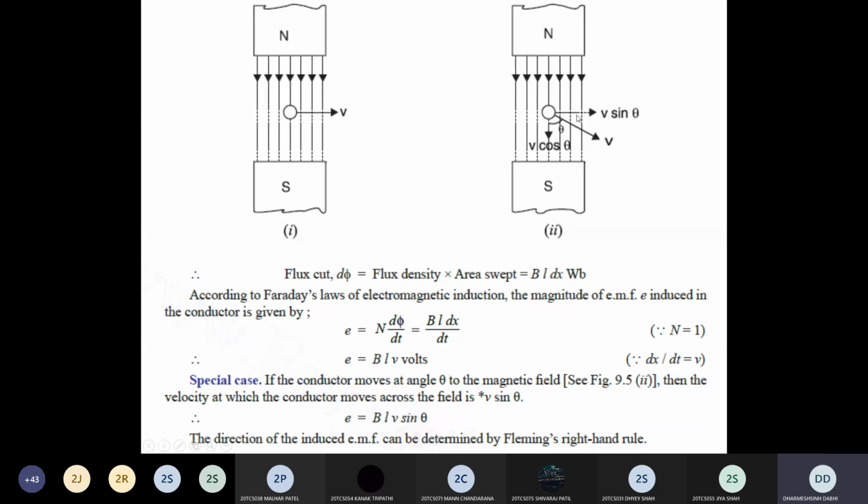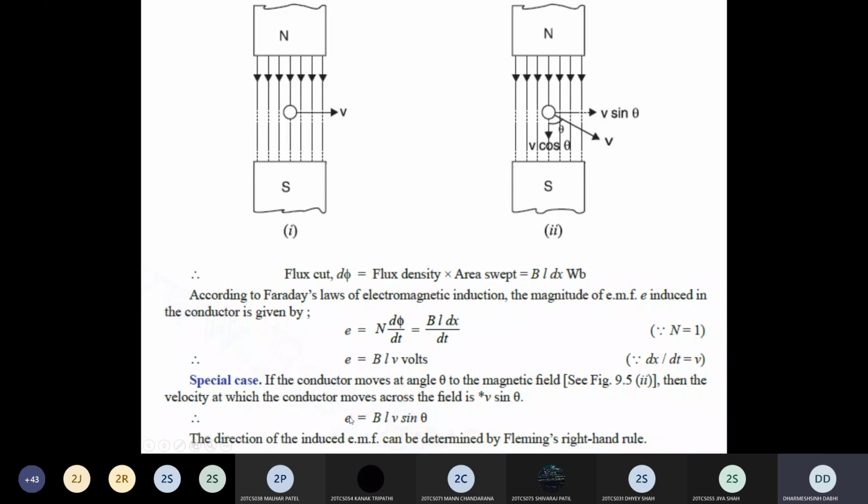Clear? And as we know, EMF is induced when the conductor moves at right angle to the direction of flux. So if the conductor is moved at angle theta to the magnetic field, the velocity at which the conductor cuts the flux becomes v sin theta.